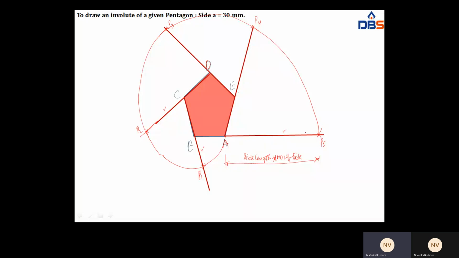If you do this, it will be the exact value. If it is a square, the same. What is the side? 30. In the square, how many sides are there? Four sides. So 120 mm per square. In the previous class we have started this.